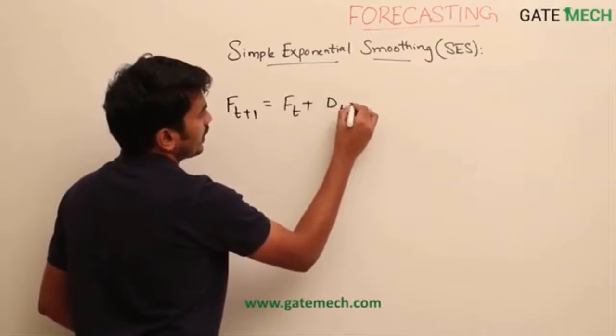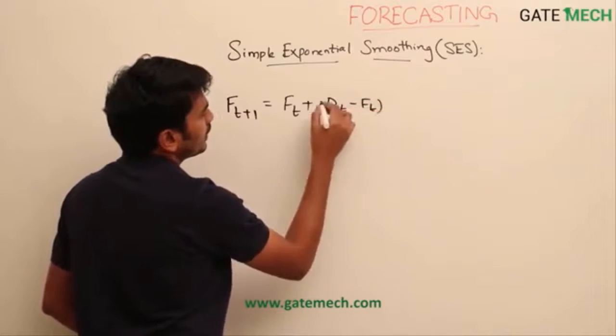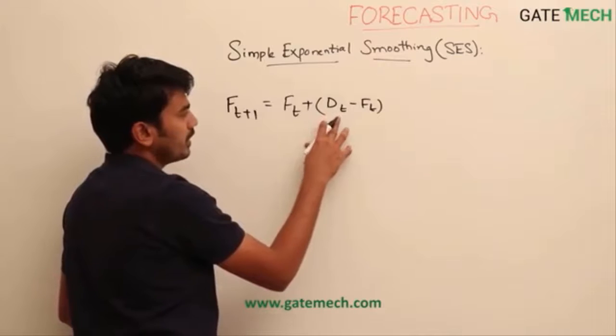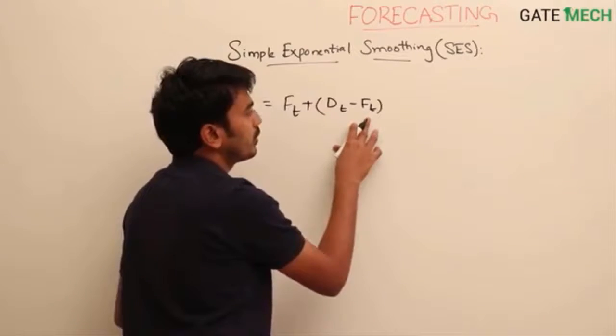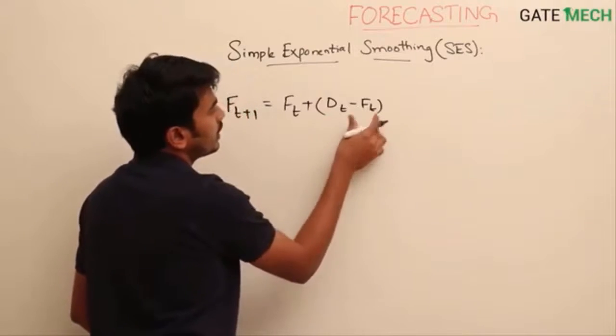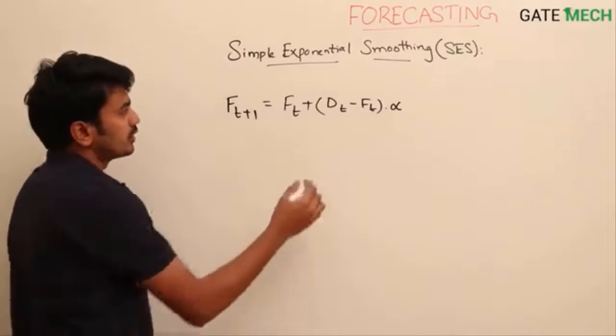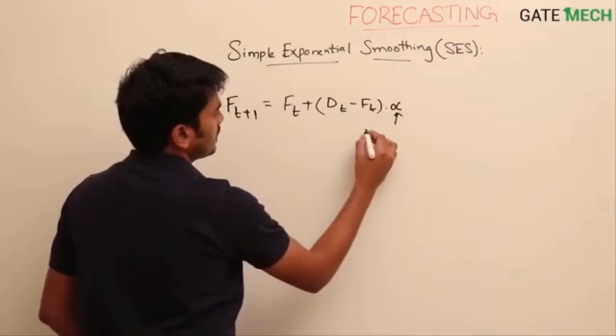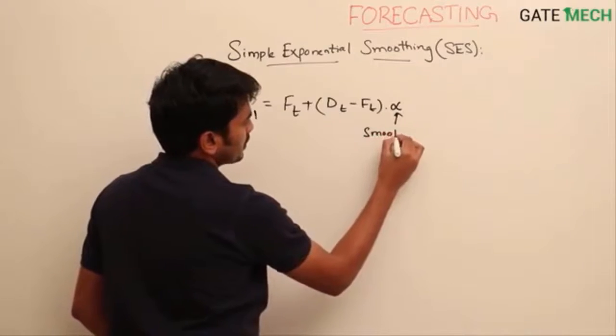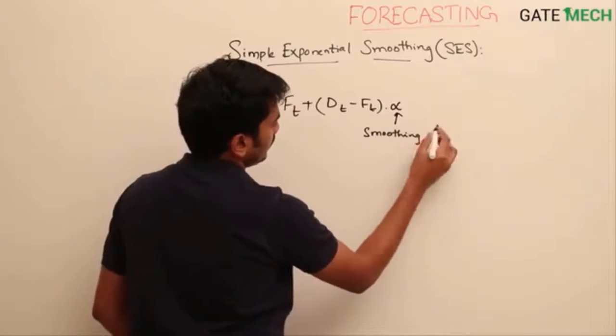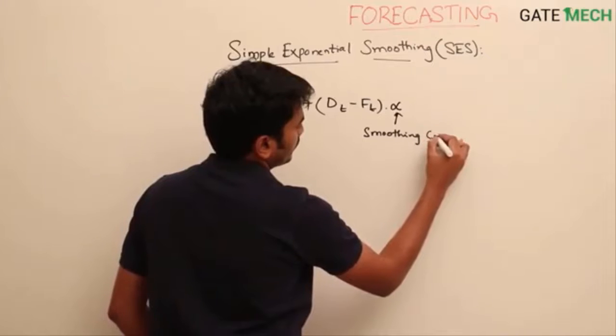The error is calculated as dt minus ft, the demand in current period t minus the forecast in current period t, multiplied by a smoothing constant. This is alpha, called the exponential smoothing constant or coefficient.